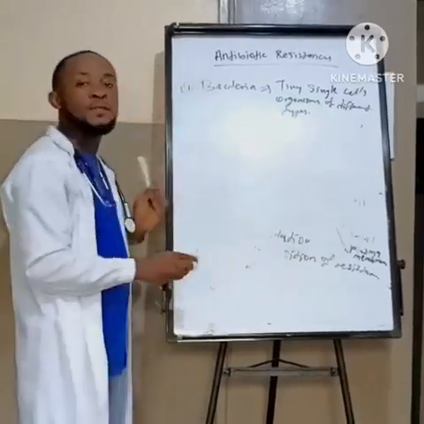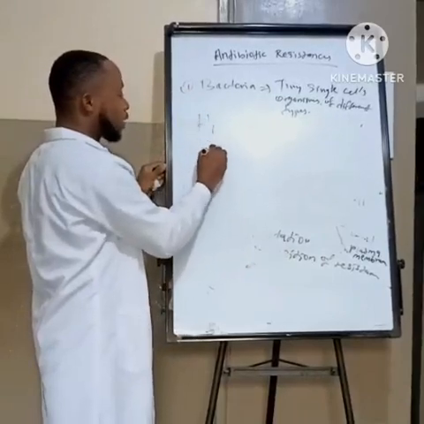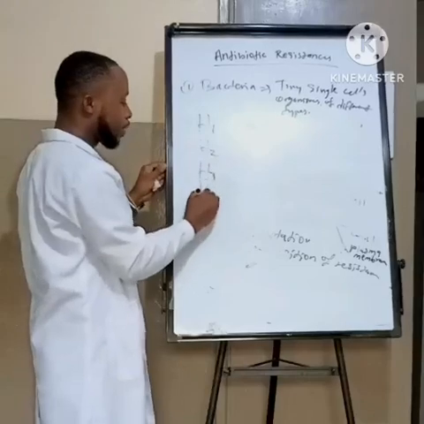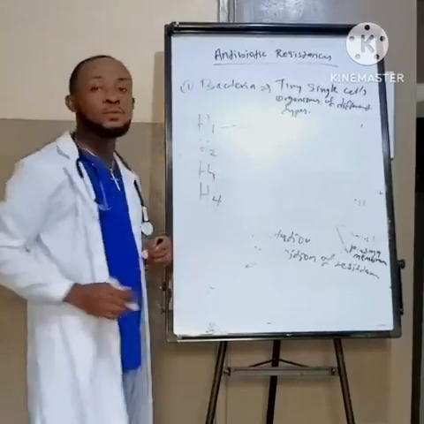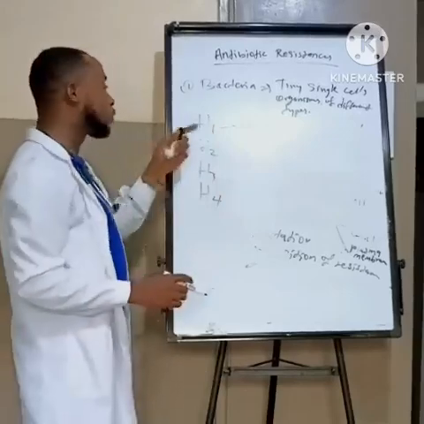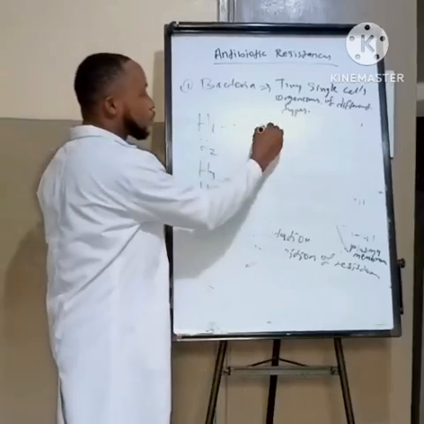So we have different types of histamines. We have histamine 1, histamine 2, 3, and 4. If histamine 1 is stimulated, it will cause flushing.